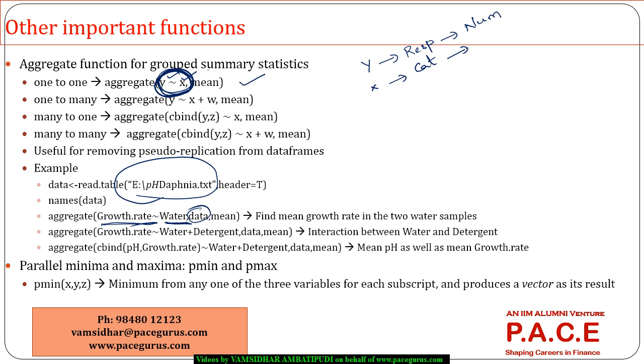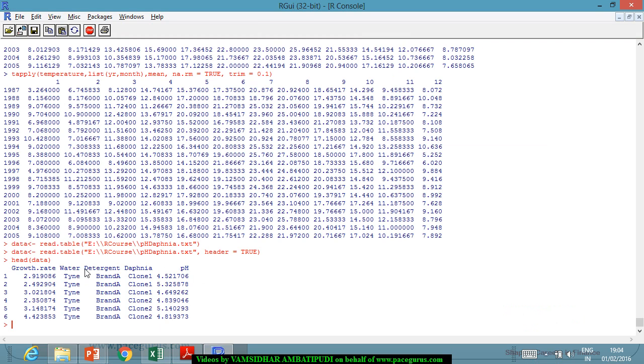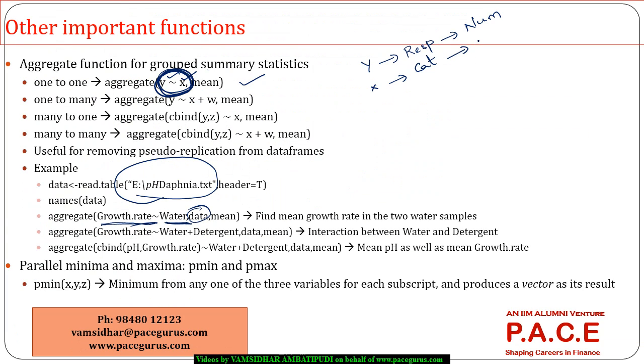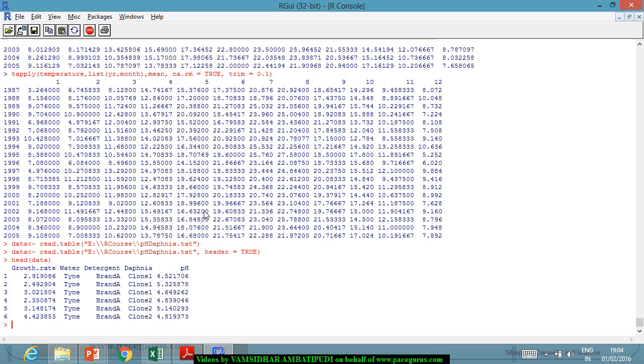If I am picking it from a data table like this, it should be a character or string kind of variable. That's the reason I have taken growth rate and water. So here I am looking at y colon x on my data, and what I really want to calculate. Let me try that. Aggregate.